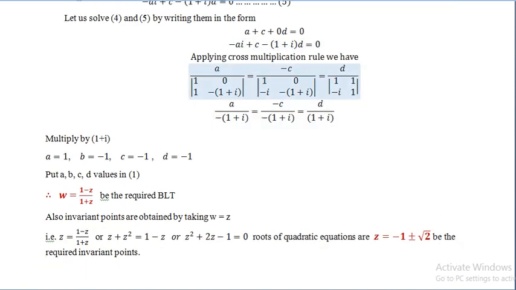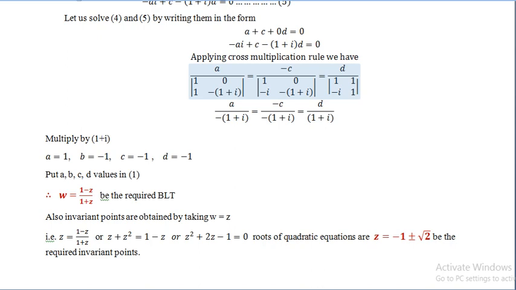Now simplify the denominator terms. a divided by 1 into minus of 1 plus i is minus 1 plus i, and 1 into 0 is 0. Equal to minus c divided by, again minus 1 plus i into 1 is minus 1 plus i, and into 0 is 0.